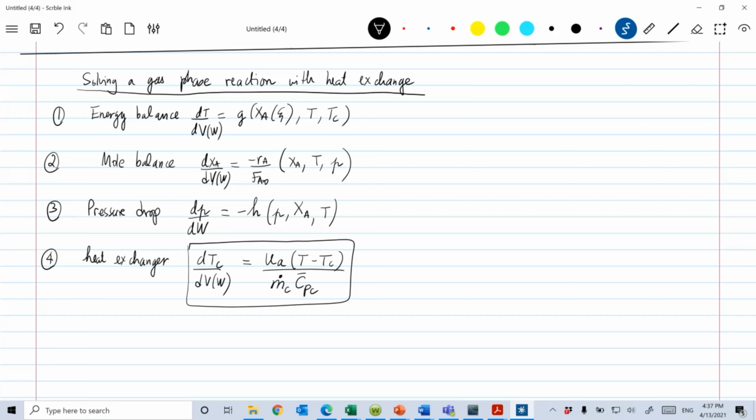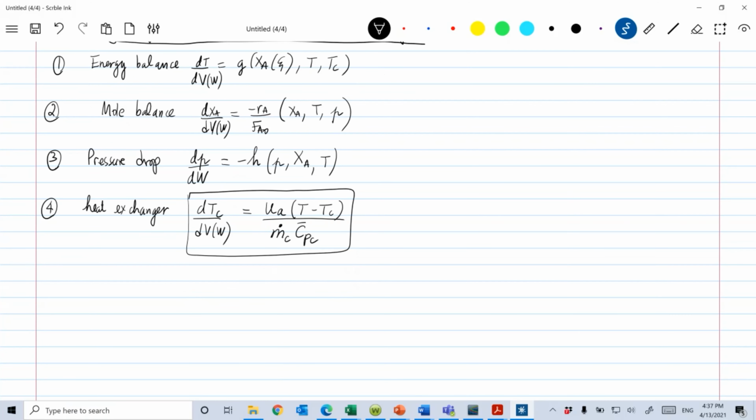As long as you have those listed, you can plug those all in Python and it will give you a profile for all of these as they change along the reactor length. So it's possible, for example, that your coolant flow rate is so high. So let's check this out here.